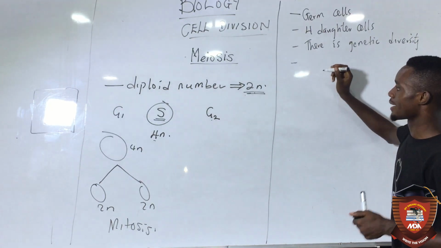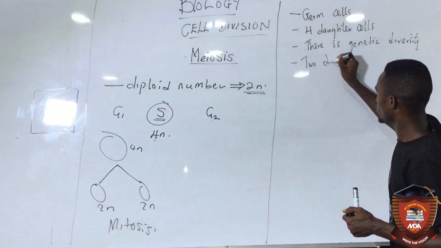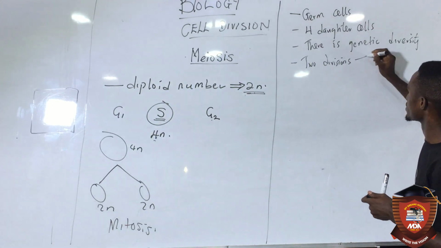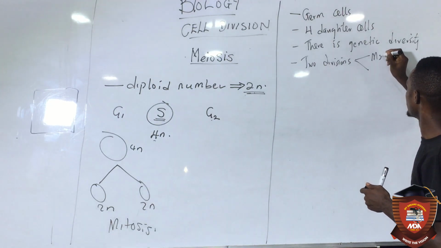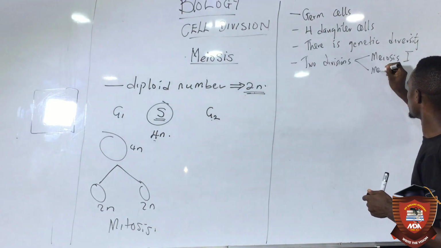Last but not the least, there are 2 divisions in meiosis. Is that okay? These divisions, I will name them Meiosis I and Meiosis II.